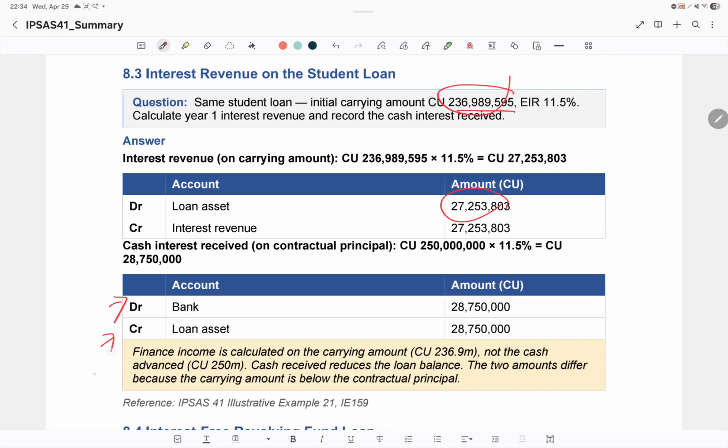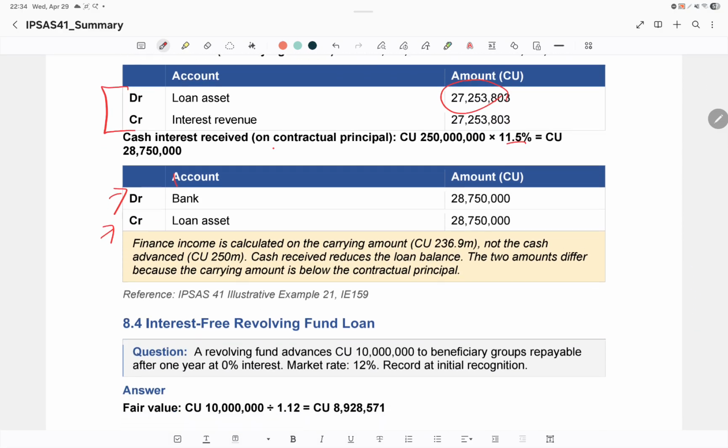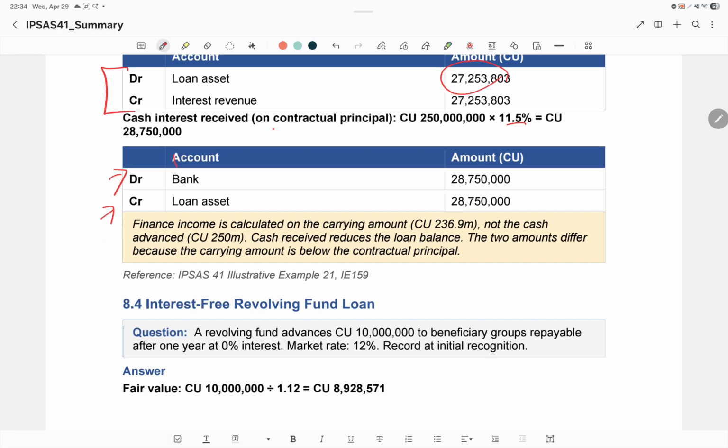Cash interest received is based on 250 times the 11.5%, but the interest revenue will be based on the carrying amount. So finance income is calculated on the carrying amount, currency unit 236 million, not the cash advanced. Cash received reduces the loan balance. The two amounts differ because the carrying amount is below the contractual principal.